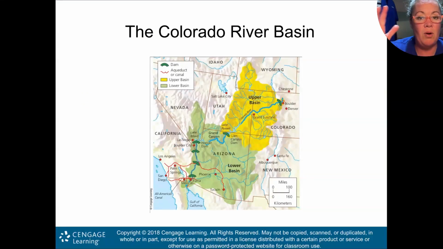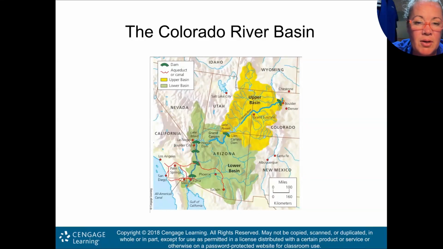This is the watershed. This is the Colorado River Basin. You can see that there are two general areas, the upper basin and the lower basin. And everywhere where there's a little dark green C-shaped icon, that's a dam.